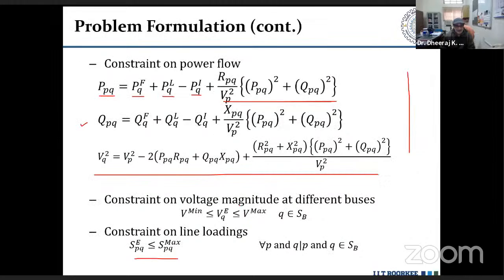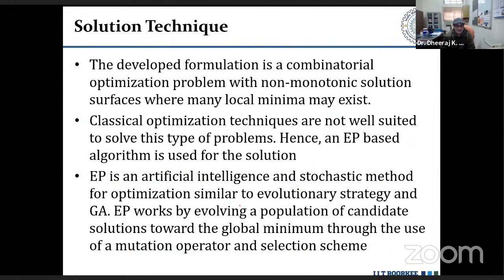So this is a non-linear problem, which is also a combinatorial problem. We can have different combinations, and in fact it is a non-monotonic solution surface. So there can be several local minima. We don't have a uniformly increasing or decreasing surface.